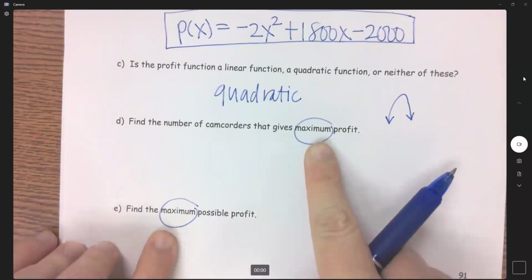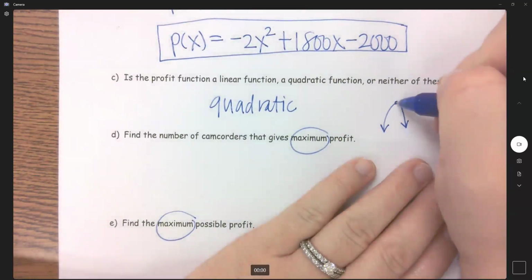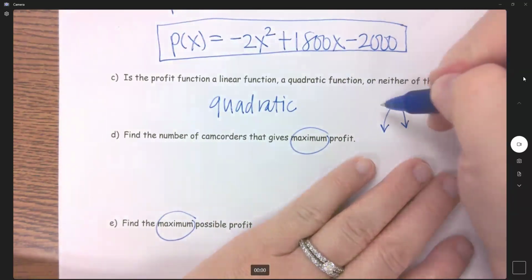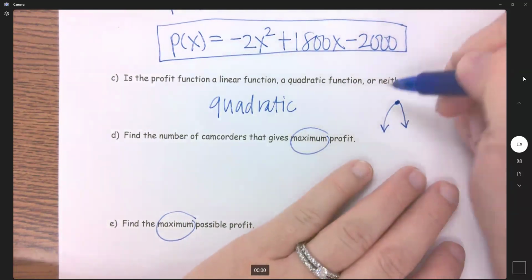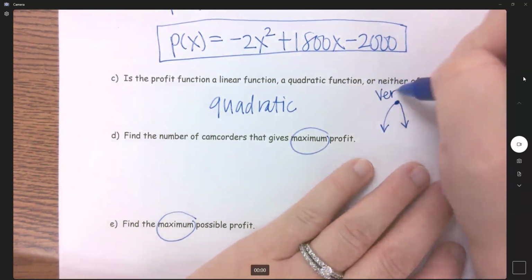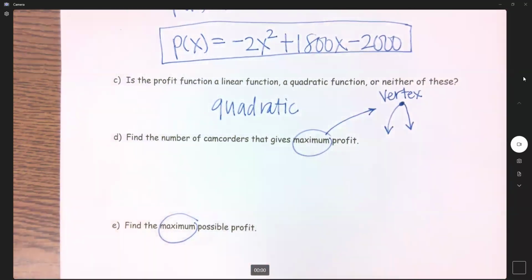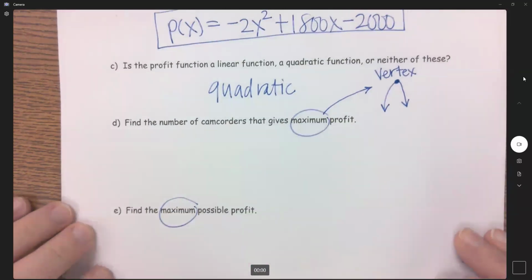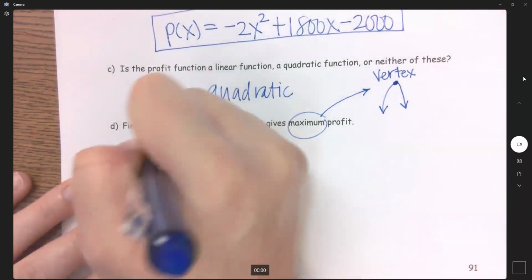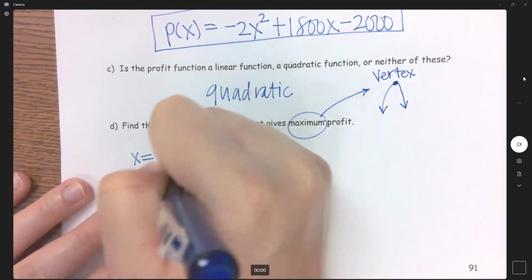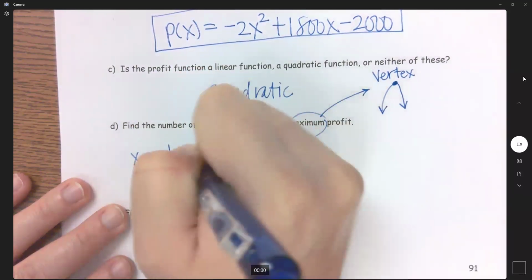So if I'm wanting to find the maximum profit, that's this highest point right here, which would be the vertex. Okay, maximum needs to ring a bell. We're asking for vertex without asking for vertex. So we have a formula that helps us find vertex, and that is negative b over 2a.